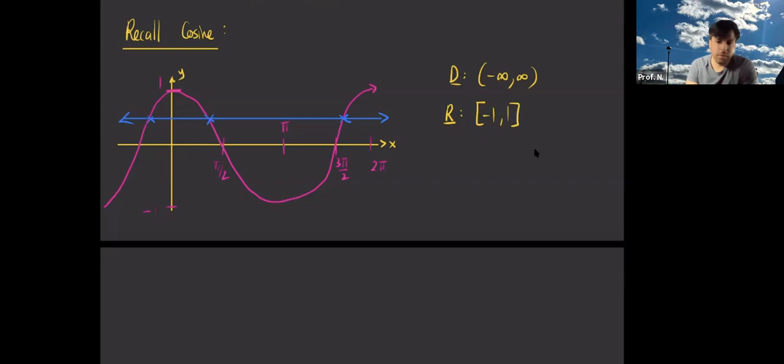But cosine is a little bit different from sine. So what would be your suggestion to restrict the domain in such a way that the range is unaffected? You keep the same range. How would you cut it?